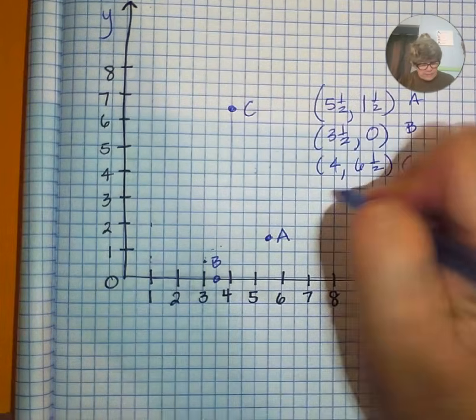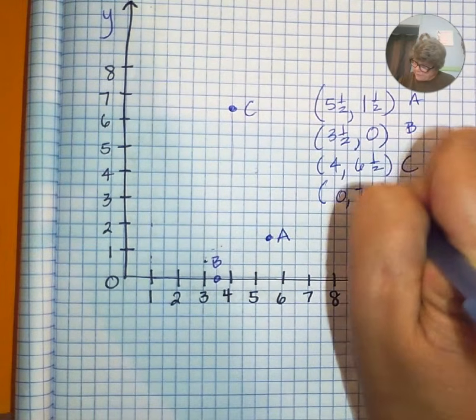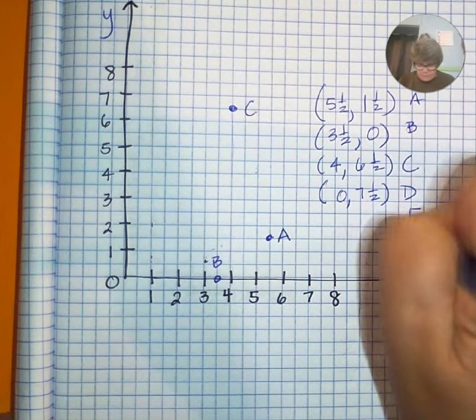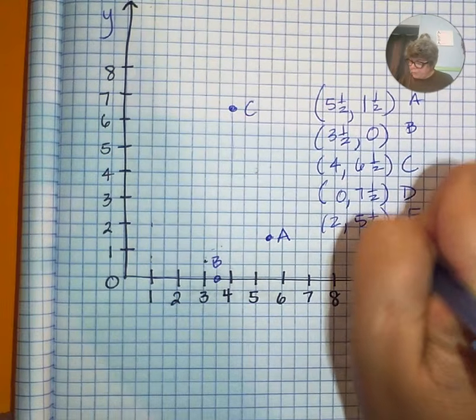And D, 0, 7.5. And E, 2, 5 1/4. All right, can you plot D and E?